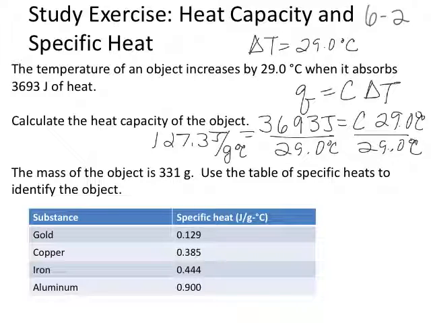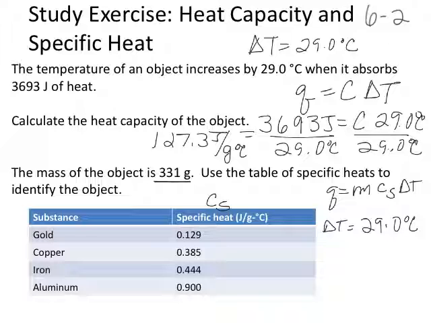The mass of the object is 331 grams. Use the table of specific heat to identify the object. Well, what you want to do here is put into the formula Q equals, because this is specific heat, which is the CS, you have to take the mass times CS times delta T, and delta T equals 29.0 degrees Celsius.